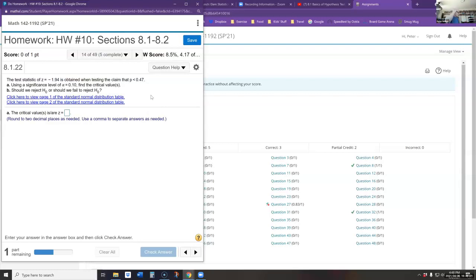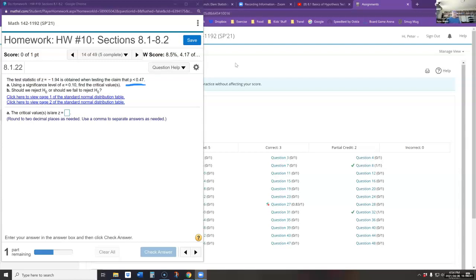Let me see if I can get a picture here that will help. There's a claim that p is less than 0.47. Remember, from that claim we can identify the null and alternative hypotheses, and we'll need to do that because in part B we're supposed to determine if we should reject the null.